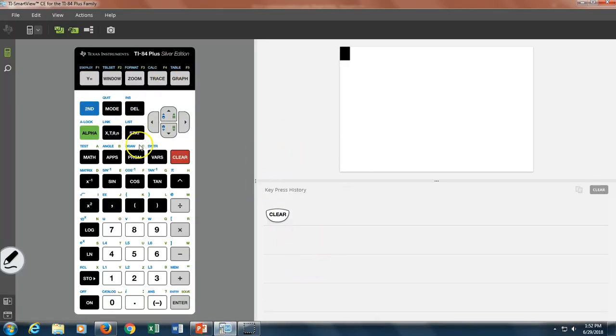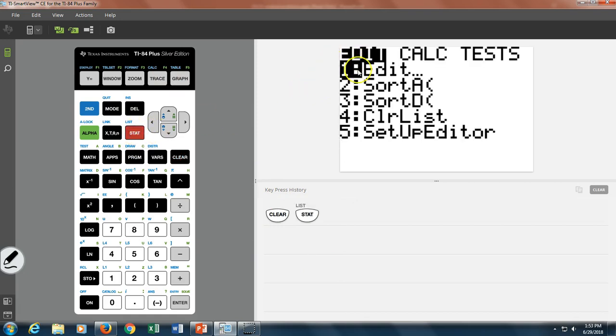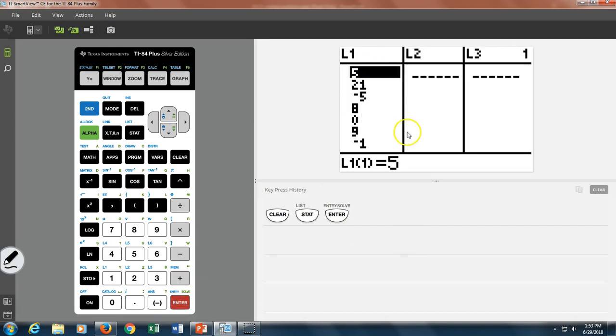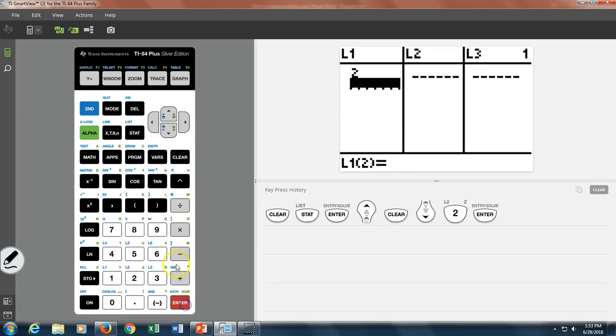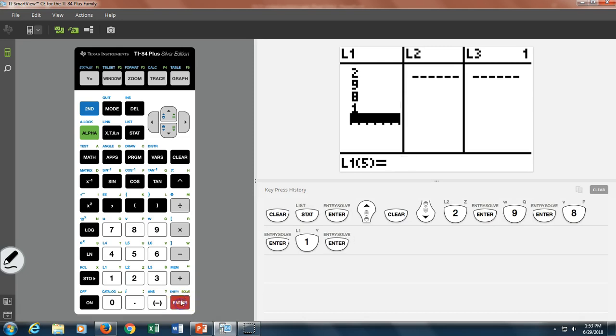So first I have to enter those 2 lists. So remember, I go to Stat, number 1, edit, is where you put those in. I'm sure you all remember that. Okay, well let me go in here and clear this data. Probably had it from the last video I did. So L1 is the 2, the 9, the 8, and the 1. 2, 9, 8, 1.